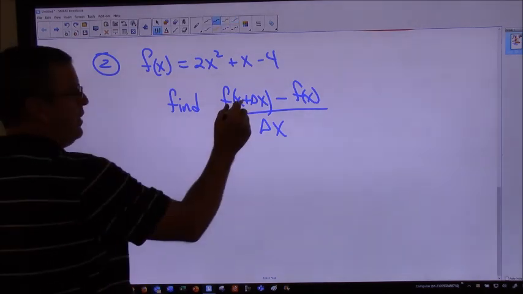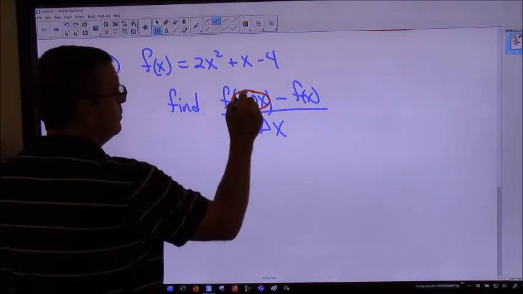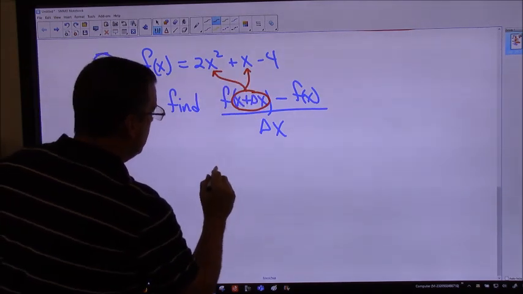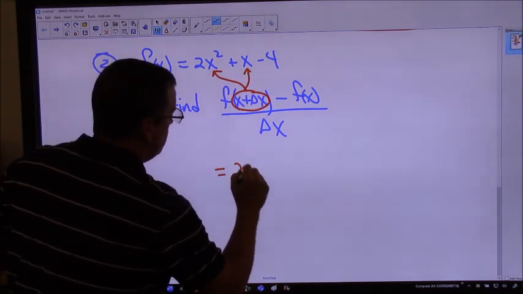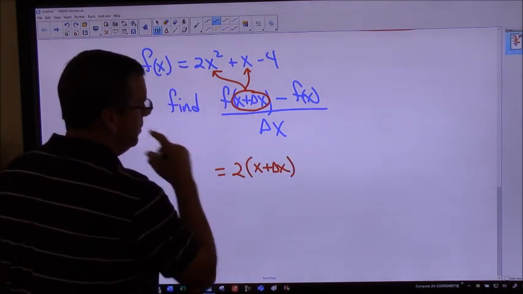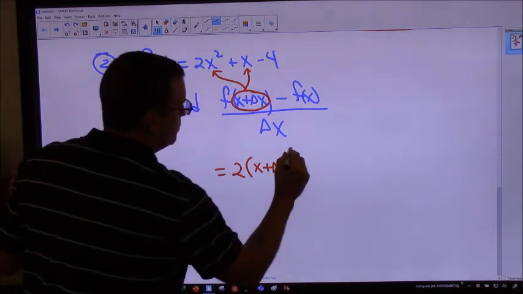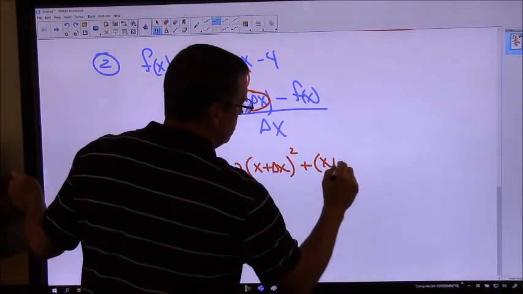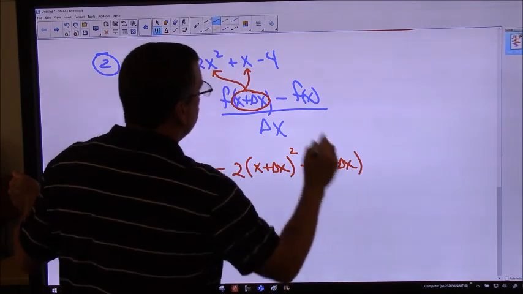All right, so I'm going to take this right here and plug it in wherever I see an x. So I've got 2 times x plus delta x squared plus x plus delta x minus 4.